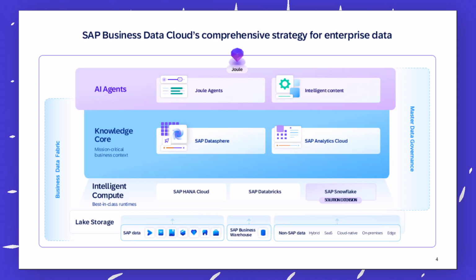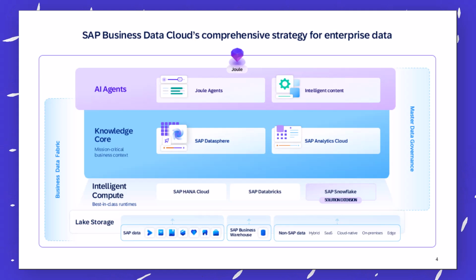SAP HANA is mainly for processing analytical as well as traditional workloads. SAP Databricks is meant for AI and ML use cases, and SAP Snowflake is mainly for analytic data warehousing use cases.